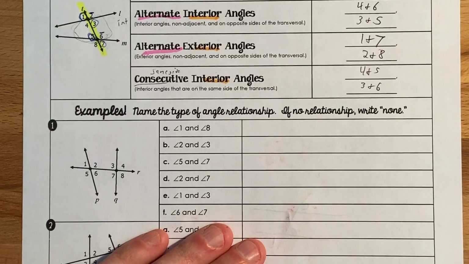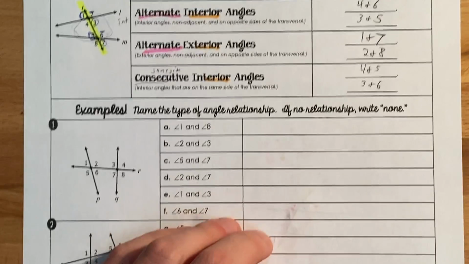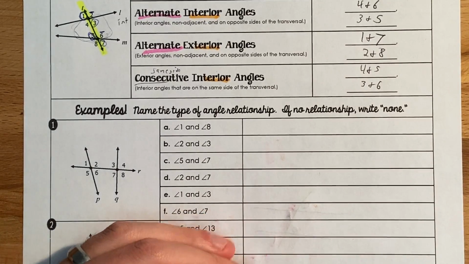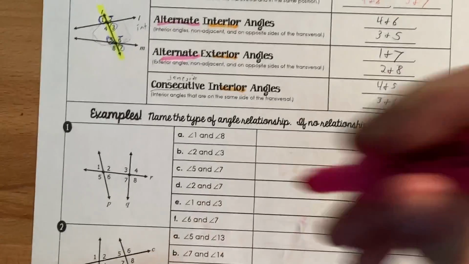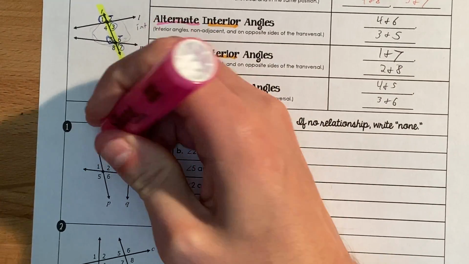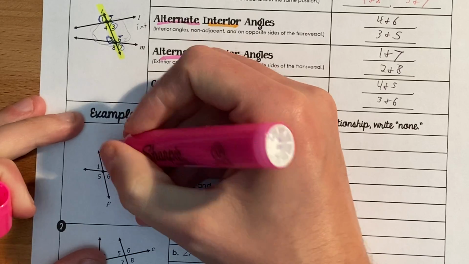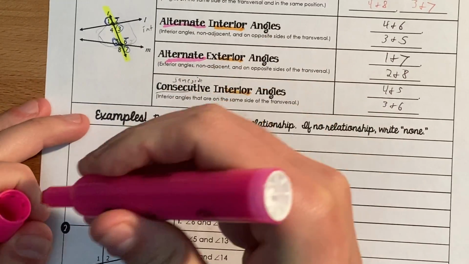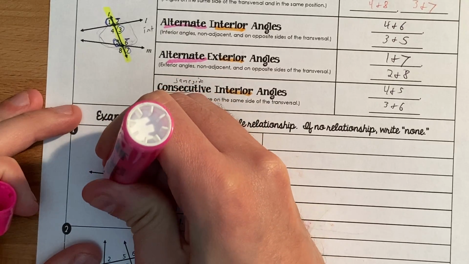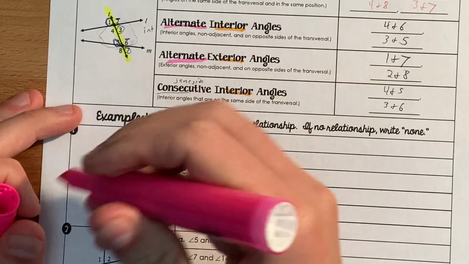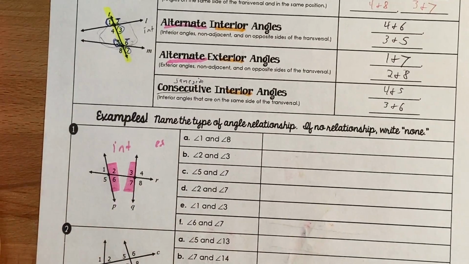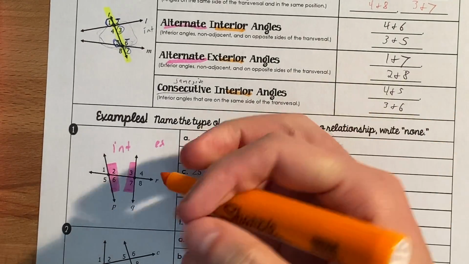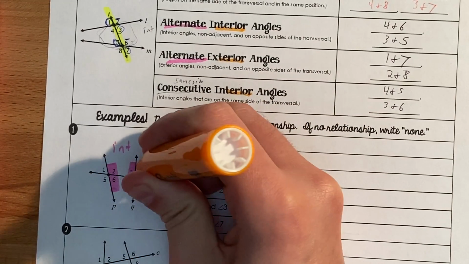And then it's just a bunch of examples. So let's see what we got. I'm going to go ahead and do this. This is the interior right here, and this is the exterior.